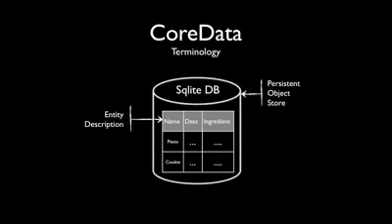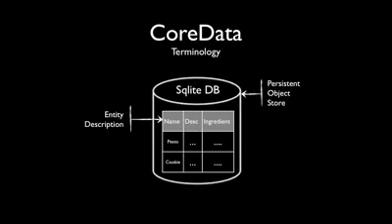Next, we have something called entity description. Basically, entity description provides the metadata for a particular entity, in this case, the recipe entity. It tells you about the different types of attributes that are associated to that entity and if there are any relations. For example, the recipe entity could be related to a category entity with a many-to-one relationship so that you could categorize your recipes.